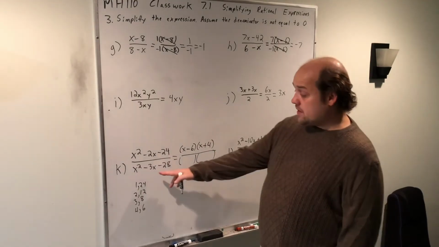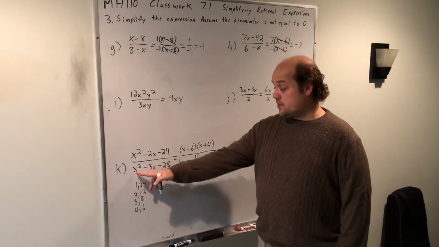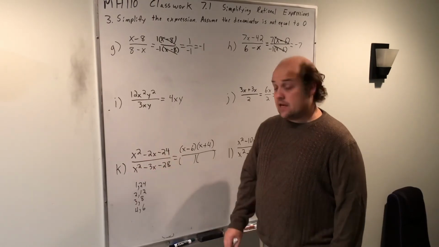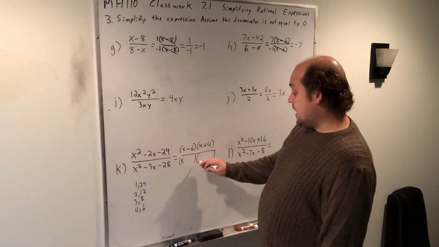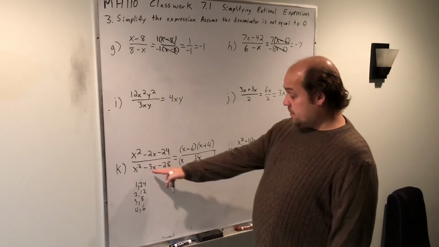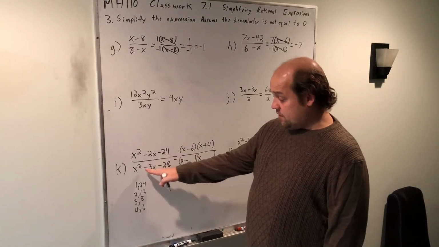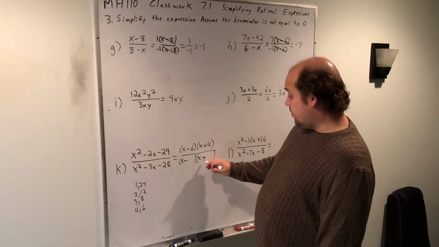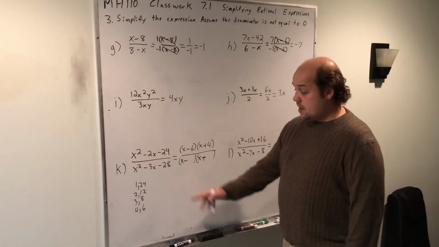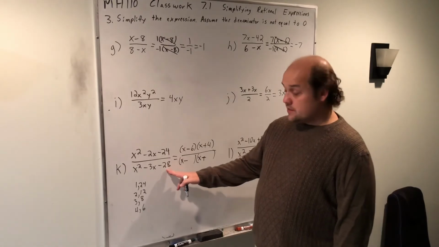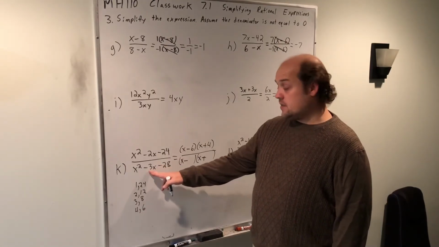If I do the same thing for the bottom of the equation, x squared minus 3x minus 28, I'm going to start by putting in x and x. I'm going to take the negative sign, put in the first parentheses. This tells me different from the first sign, different from a negative is a positive. I'm now looking for something that multiplies to 28 and subtracts to 3.